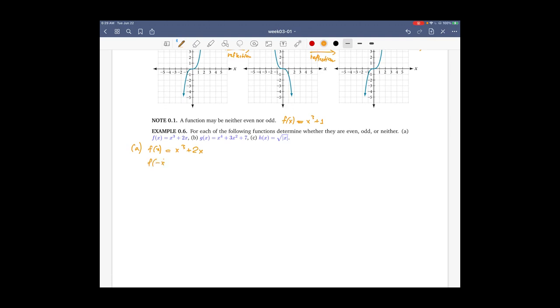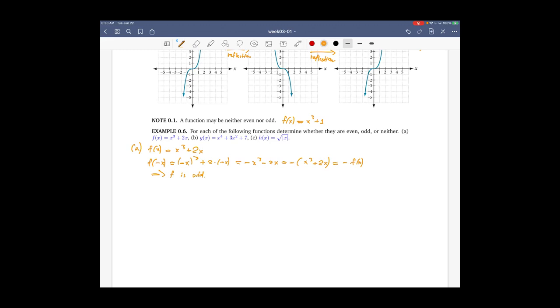Let's check that f at negative x is negative f at x. f at negative x is negative x cubed plus 2 times negative x, which is negative x cubed minus 2x. Factoring out the minus, we get x cubed plus 2x, which is of course negative f of x. Hence, f is odd.